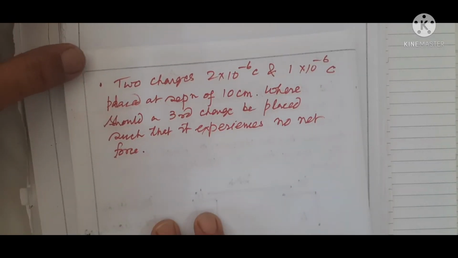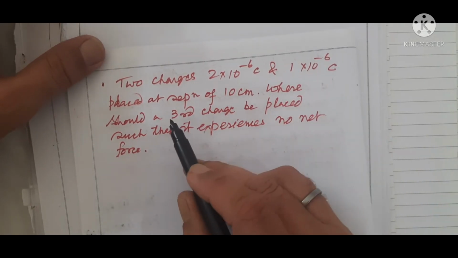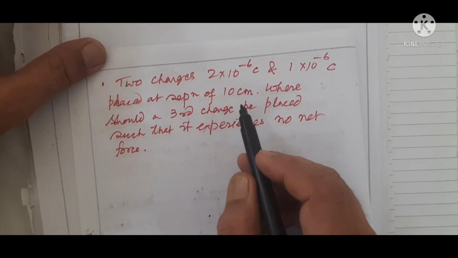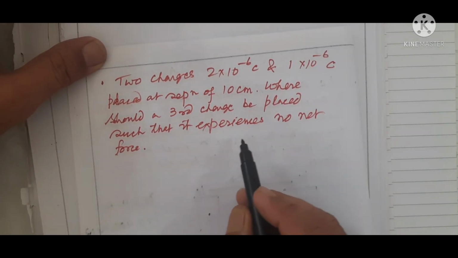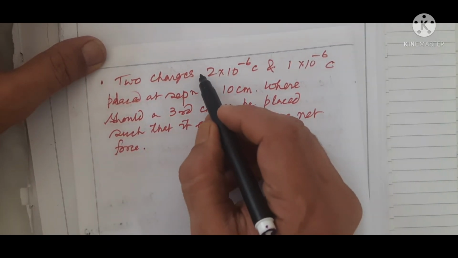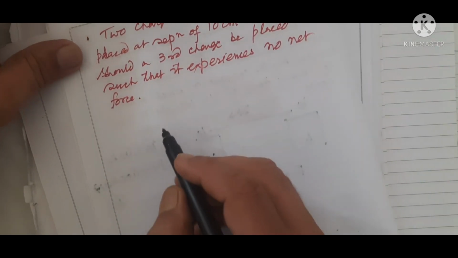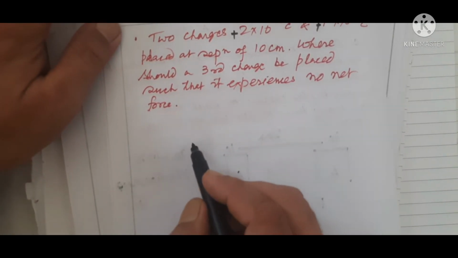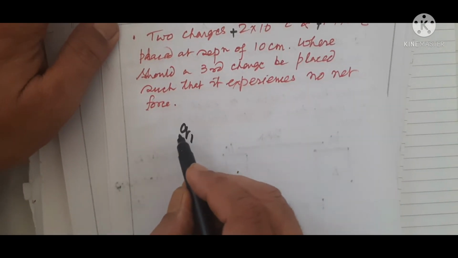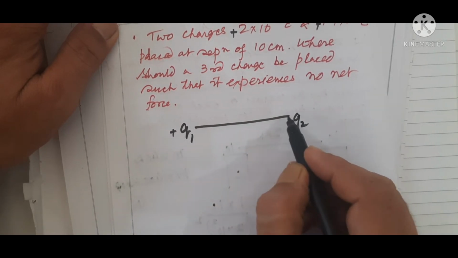Other question: two charges 2 into 10 to the power -6 coulomb and 1 into 10 to the power -6 coulomb are placed at the separation of 10 centimeter. Where should the third charge be placed such that it experiences no net force? Here this is a positive, this also positive charge. So the Q1 positive charge is there, here the Q2 positive charge.